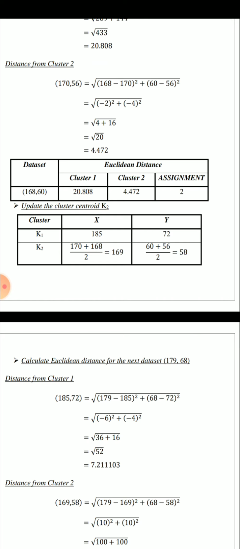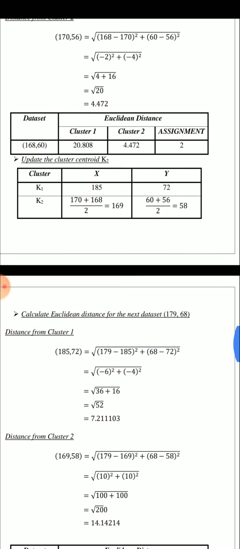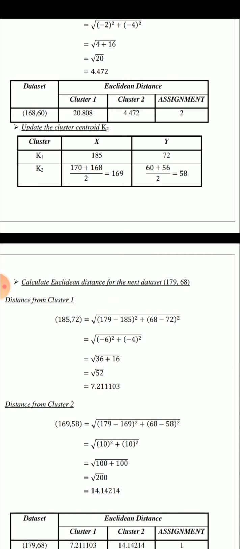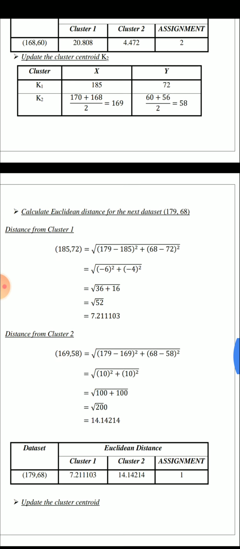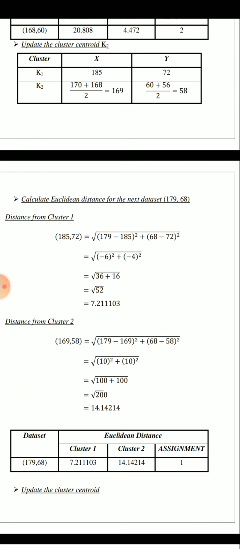The distance from cluster 2, that is 169, 58, is root of (179 minus 169) the whole square plus (68 minus 58) the whole square, that is equal to 14.142 we get. For the data point 179, 68, the Euclidean distance from cluster 1 is 7.2 and for cluster 2 it is 14.14. The minimum is for cluster 1. So we give the data point to cluster 1. So assignment 1 is given.